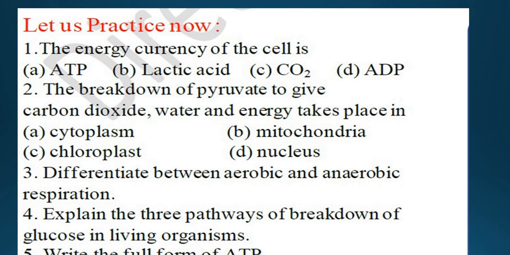Now we'll practice our questions. The energy currency of the cell is ATP. We have read it. The breakdown of pyruvate to give carbon dioxide, water and energy takes place where? Pyruvate into carbon dioxide, water and energy.